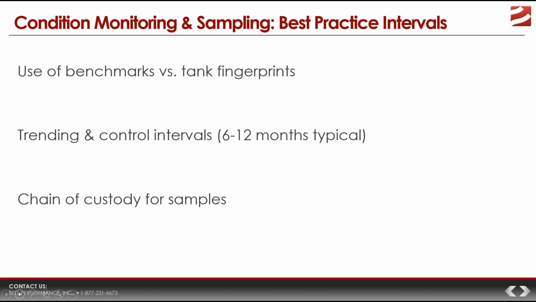Okay, control interval, what are we talking about there? Well, control intervals are important because as you get more data on your tank, what you start to see is the points in time where the microbe levels rise and fall. And we say rise and fall because this is not a completely linear phenomenon. Sometimes they'll go up, sometimes they'll go a little bit down.